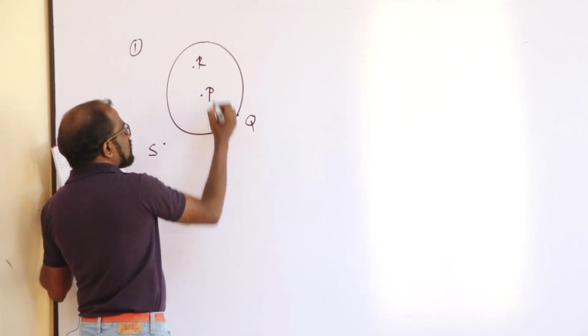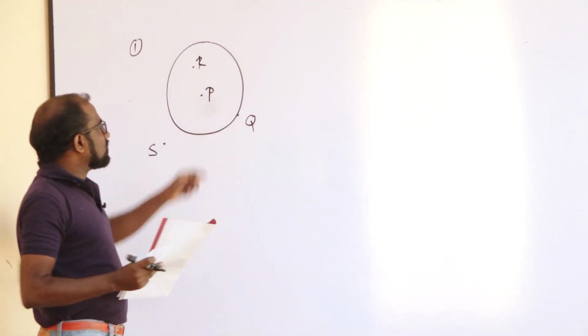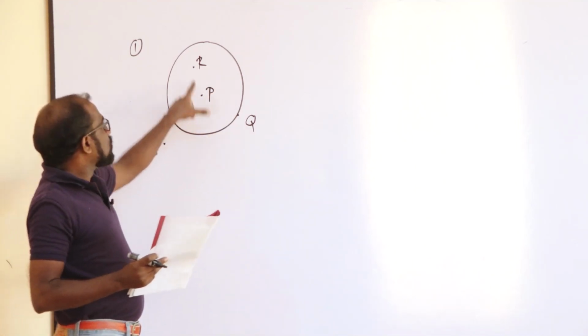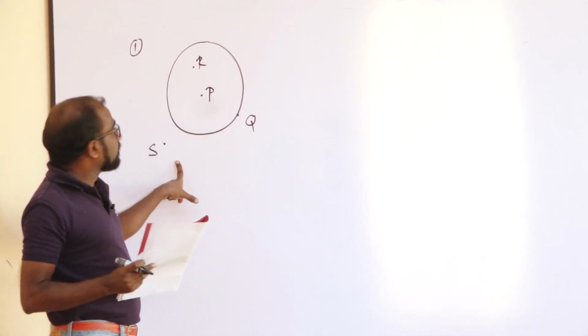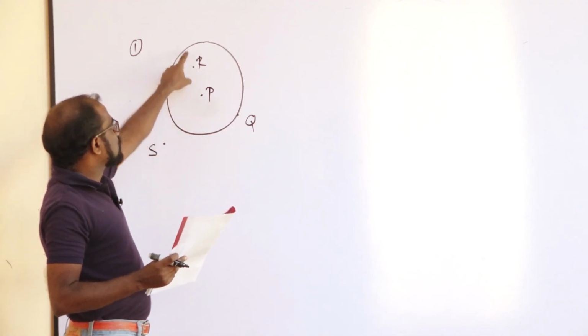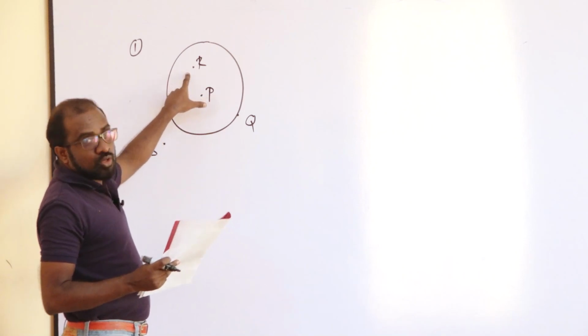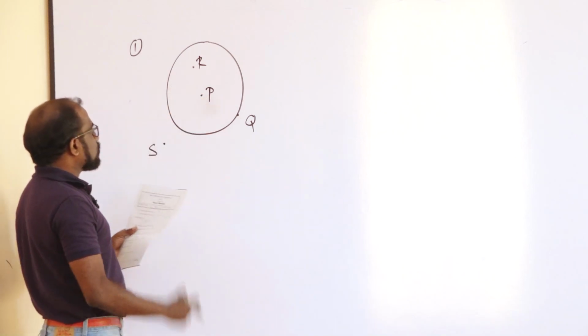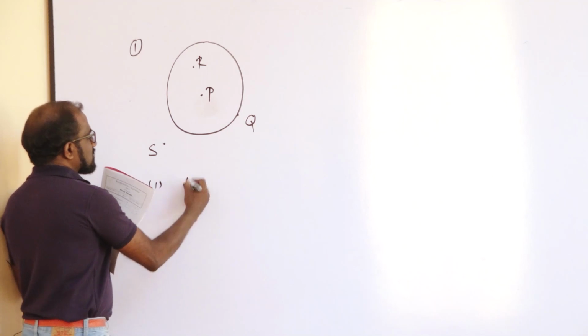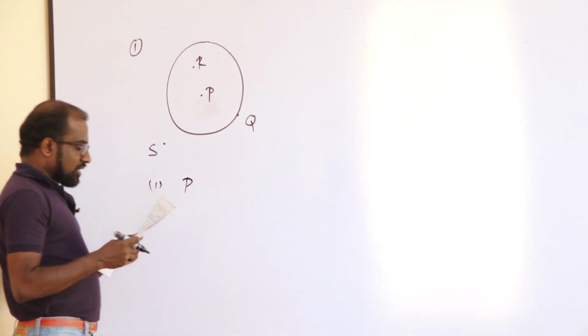So, children, we know the center of the circle. Q and S cannot be the center. R is closer to the circle, so R also cannot be the center. The center of the circle should be P. So, the center of the circle can be P.